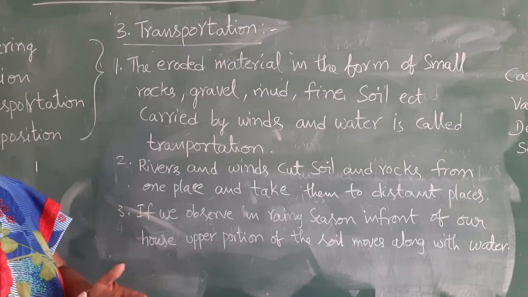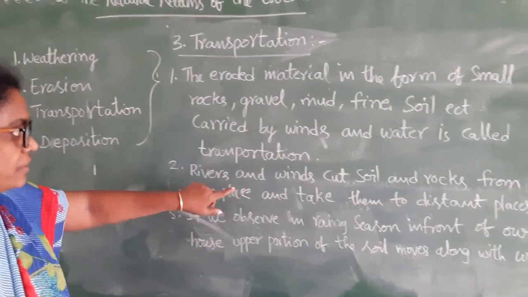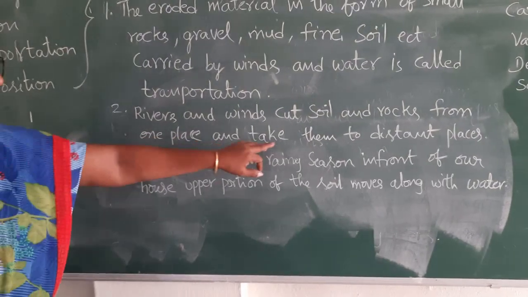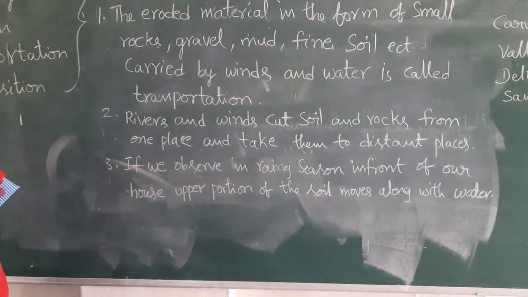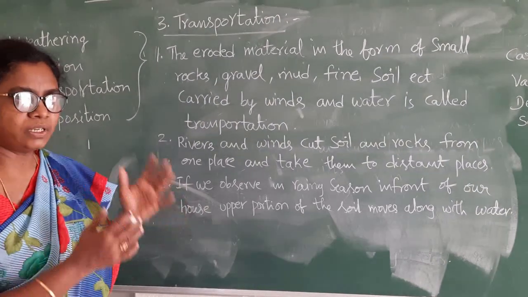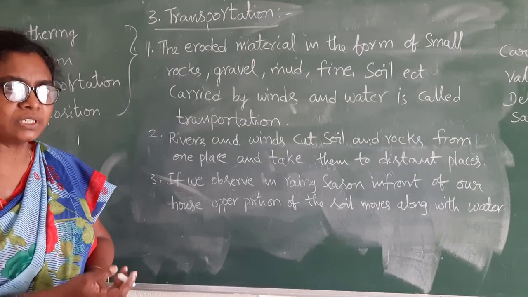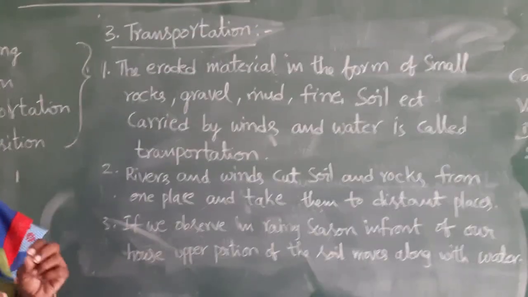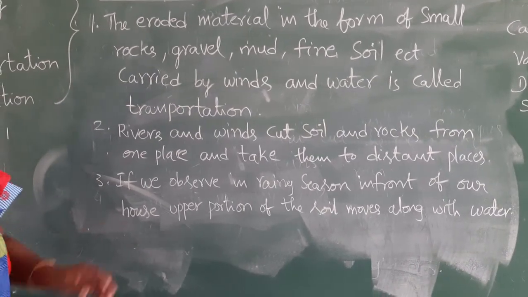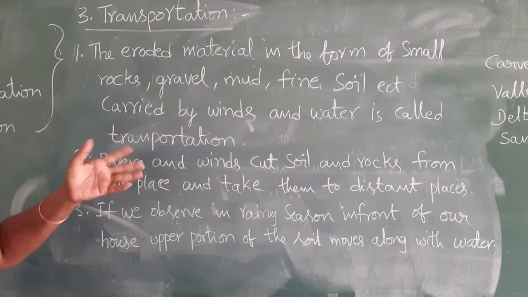We can see it on both sides of the road. Rivers and winds cut soil and rocks from one place and take them to distant places. If it is heavy rain, water flows with force, and if water has force, this transportation is very quick and very fast.